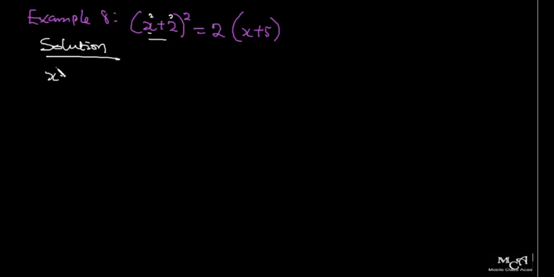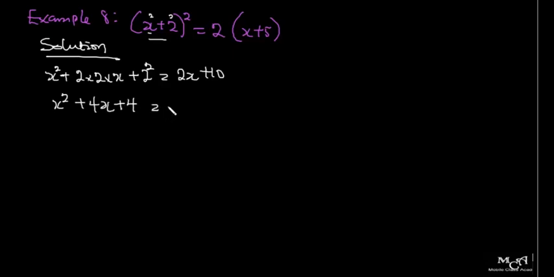So we do x squared plus 2 times 2 times x plus 2 squared equals 2 times x, that's 2x, 2 times 5, that's plus 10. So this will give us x squared plus 4x plus 4 equals 2x plus 10.